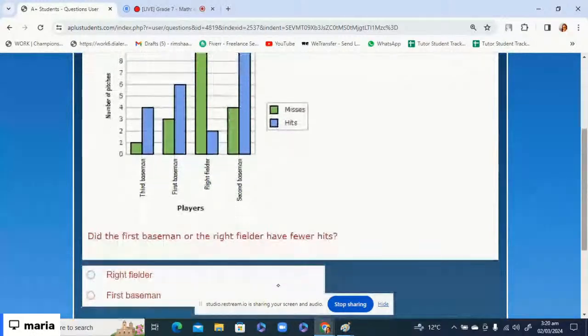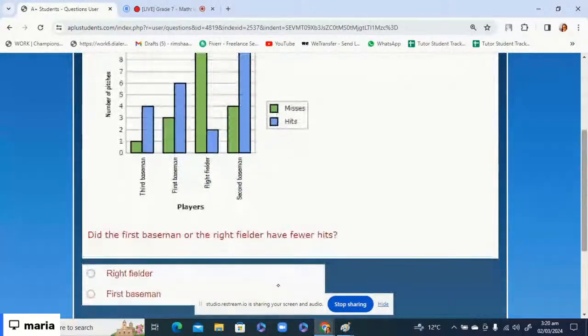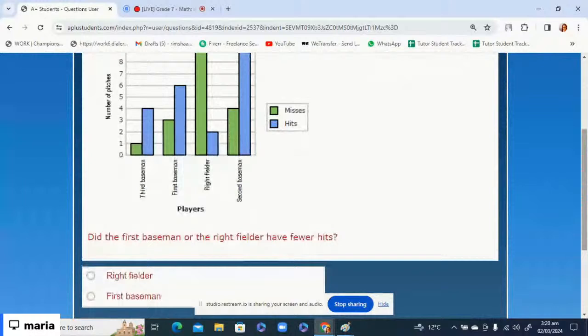Did the first baseman or the right fielders have fewer hits? Which have fewer hits? For the first baseman the hits are 6, and for the right fielder the hits are only 2.